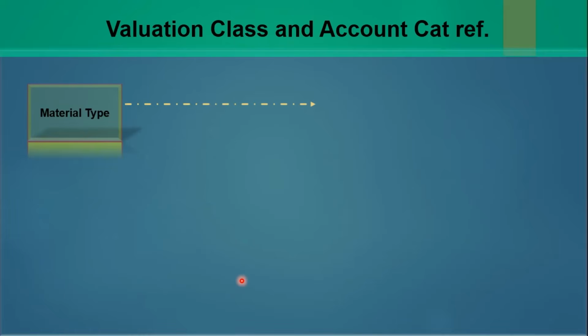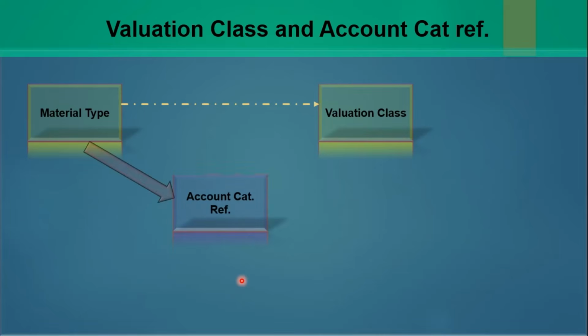So we know that each material type is assigned to a valuation class. Whenever we select a material type, its valuation class gets changed in the system, but it is not directly assigned. It is assigned through account category reference and valuation class. So we first map the account category reference to the material type, and the same account category reference to the valuation class.